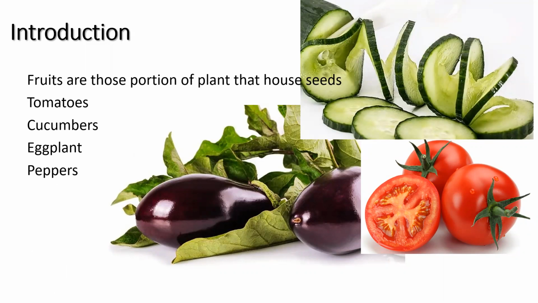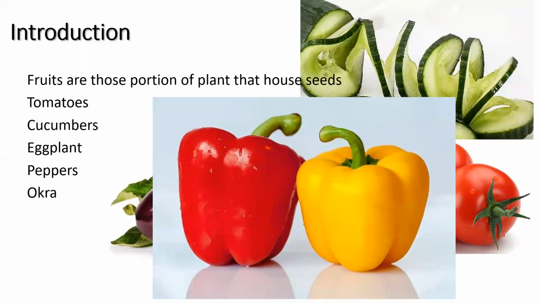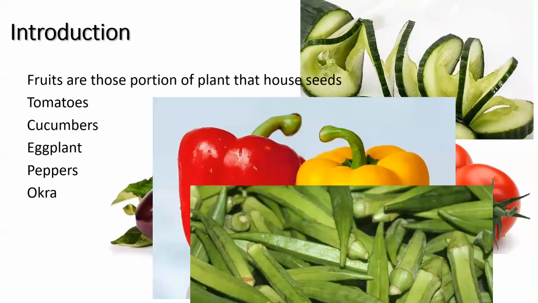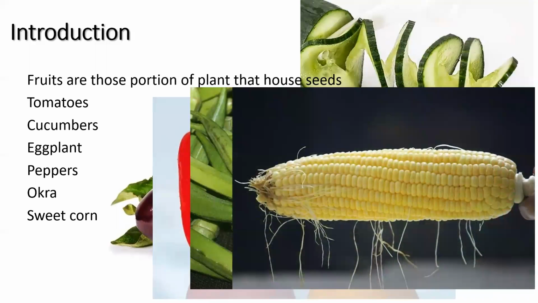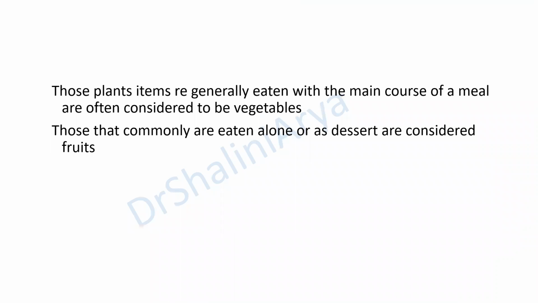But when you look, the important distinction between fruits and vegetables has come to be made on a usage basis. For example, those plant items that are generally eaten with the main course of a meal are often considered to be vegetables, and those that commonly are eaten alone or as dessert are considered as fruit.